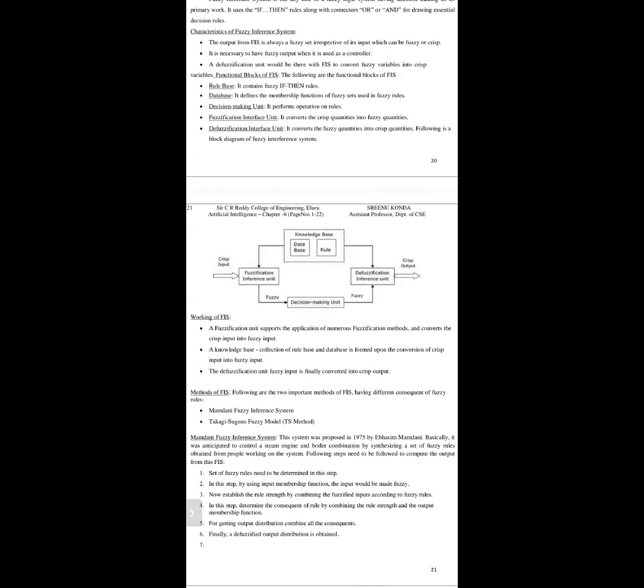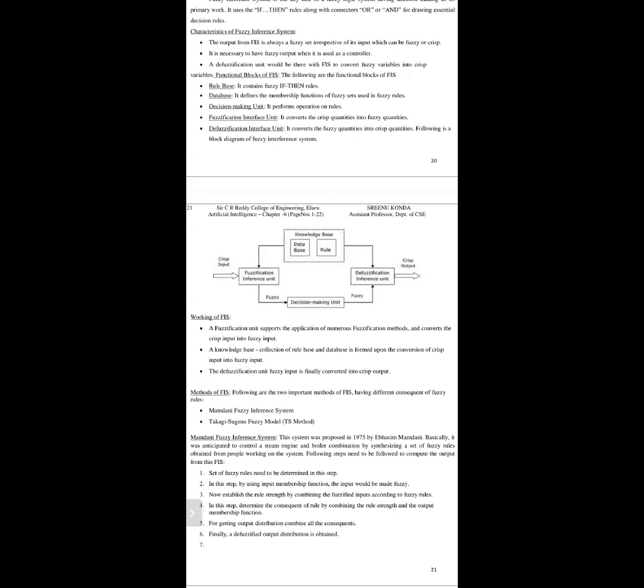This particular database defines the membership functions of fuzzy sets used in fuzzy rules.